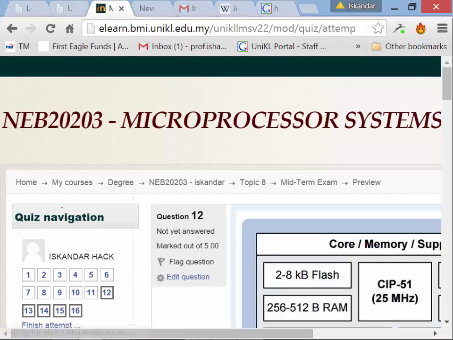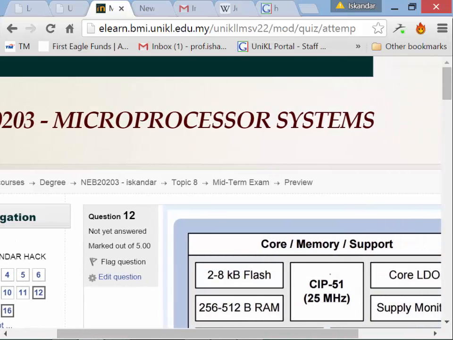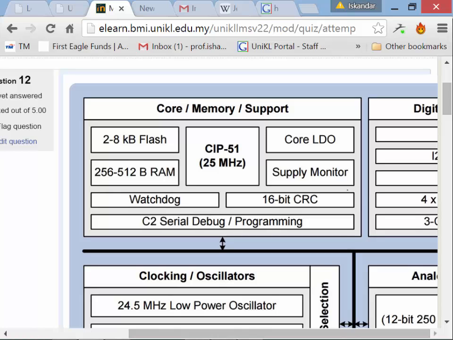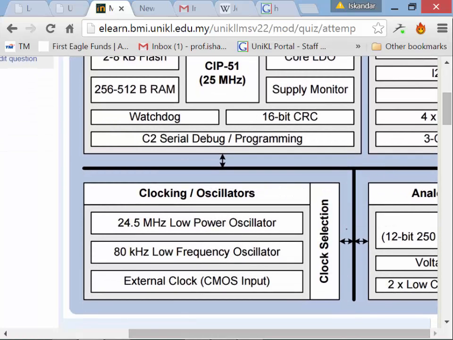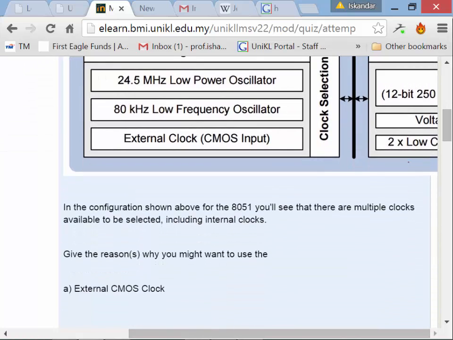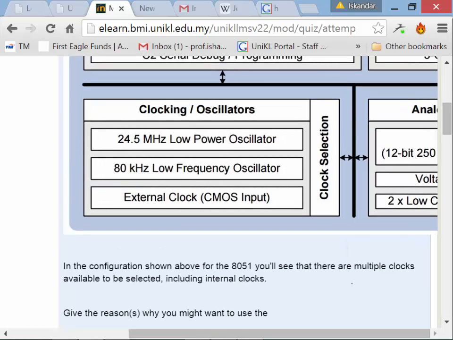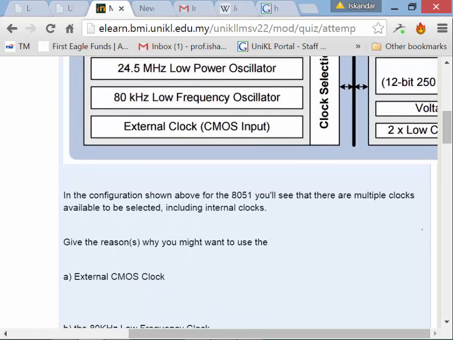Okay, I put this drawing up there for you. You'll see that there are multiple clocks right there. Actually, this drawing has absolutely nothing to do with the answer, other than I simply say that you'll see that there are multiple clocks available to be selected.